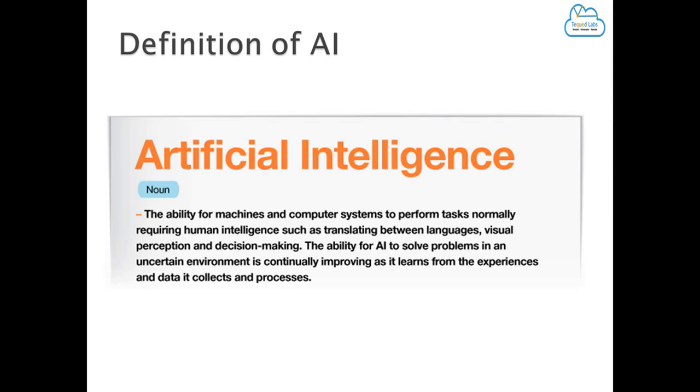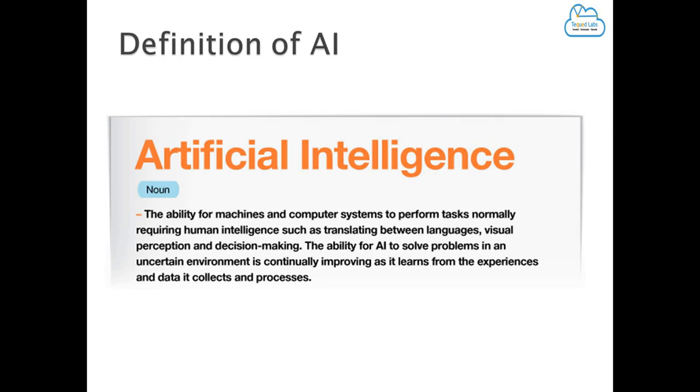Whenever a machine is said to be artificially intelligent, it can do human actions. So what are tasks that require human intelligence? Translation between languages, any task where human intelligence is being used.